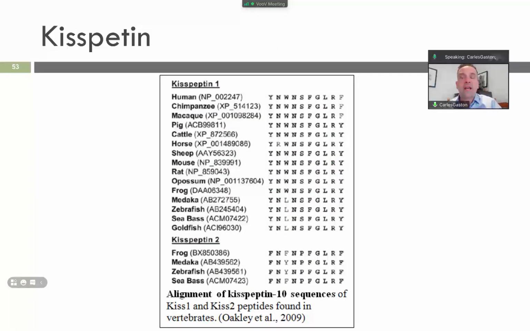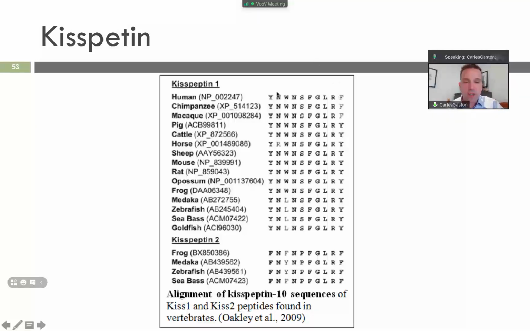So this is the sequence of kisspeptin, and as with GnRH, it is very highly conserved among lots of different species.